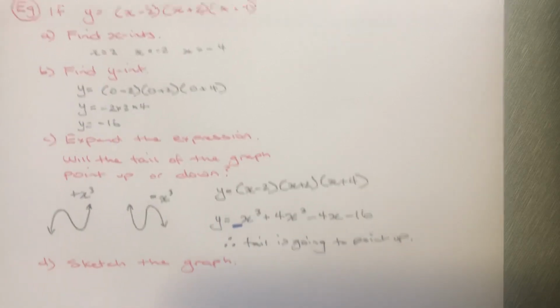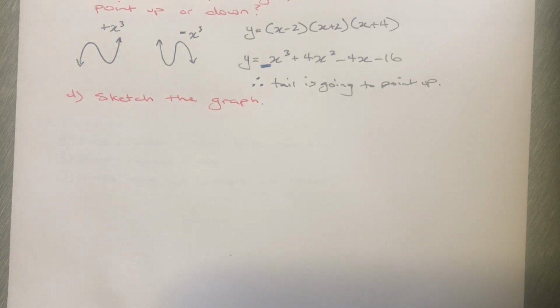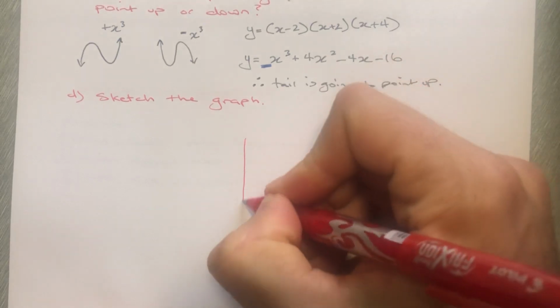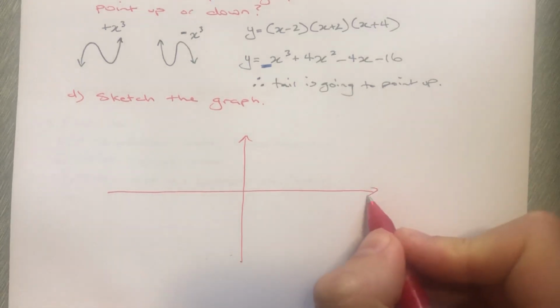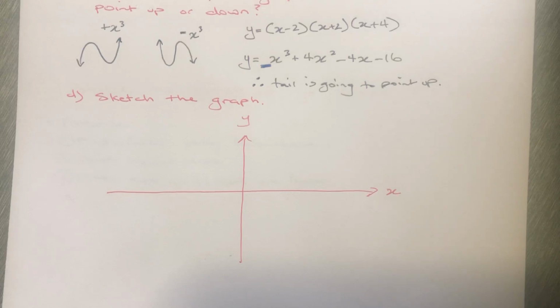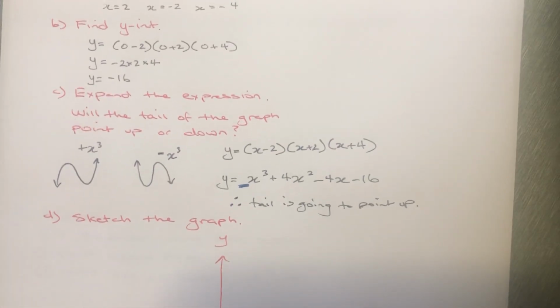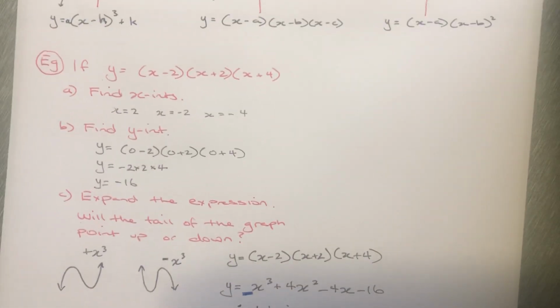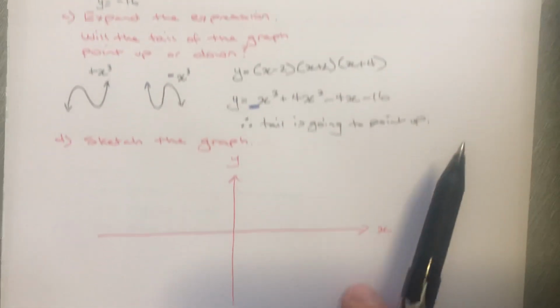Alright, the next thing we need to do is sketch the graph. So, let me put the axes down. I want to show all those key points. Before we worked out that the x-intercepts were these three numbers, 2, -2, -4. So I'm going to put those in.